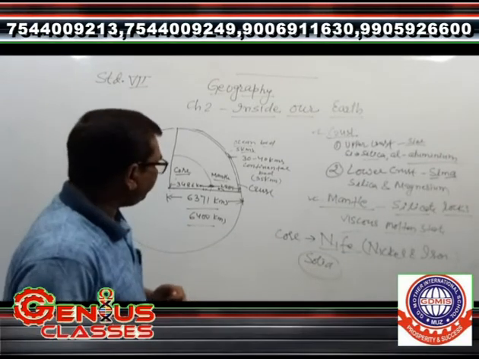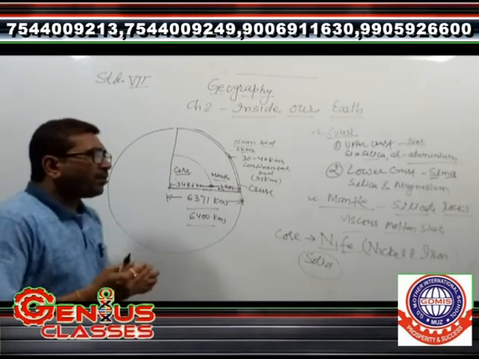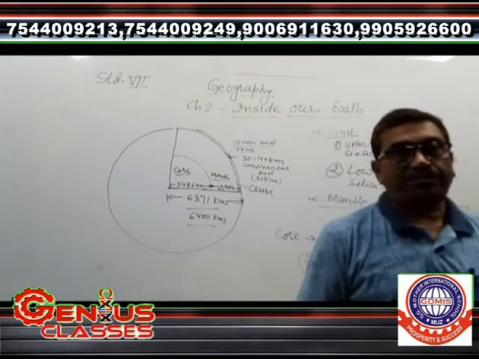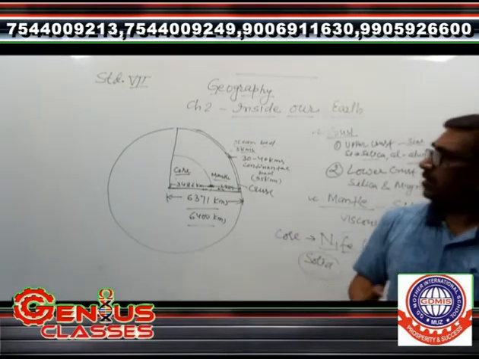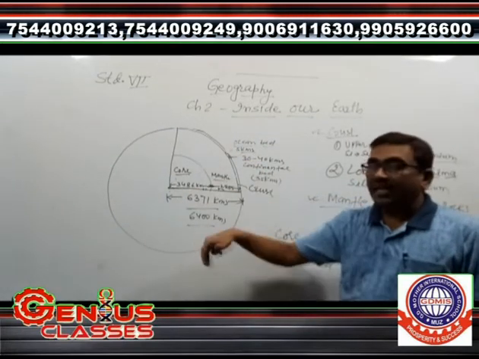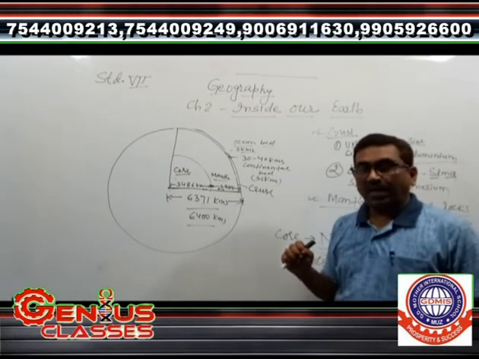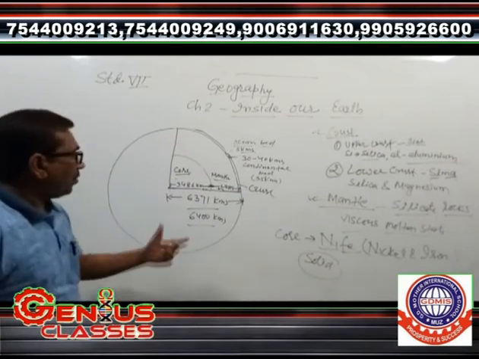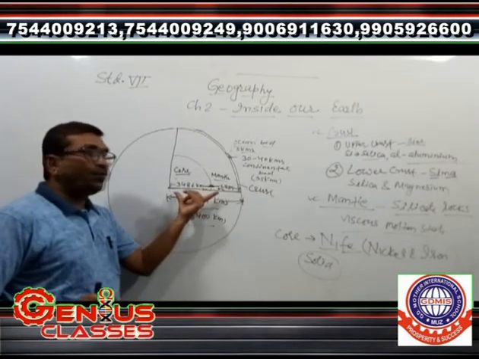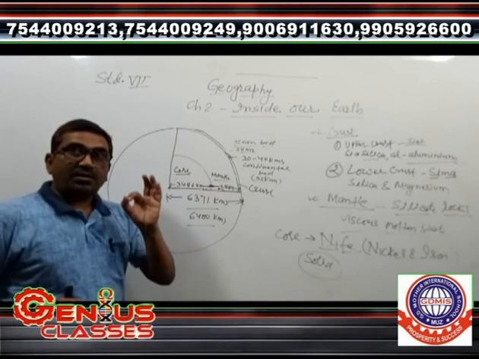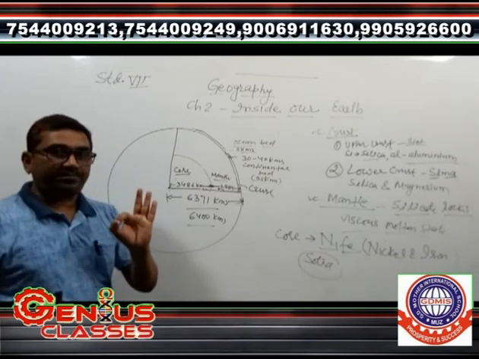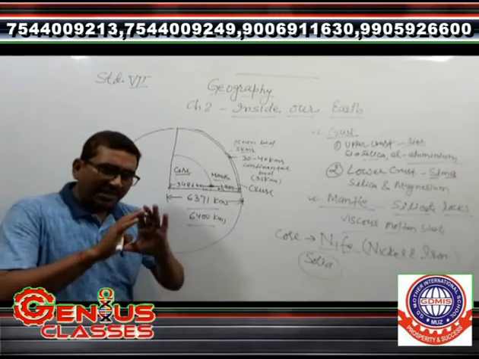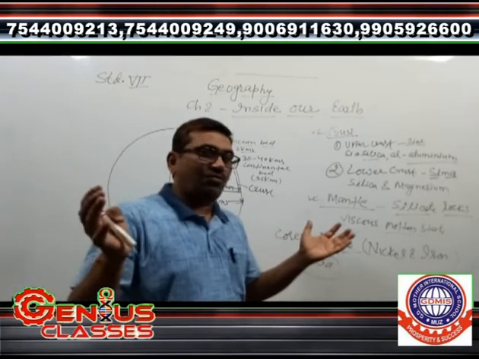Now questions. Suppose you have been asked simply to draw the structure of the interior of the earth, how will you draw it? Whatever radius you take, listen very carefully, because if the diagram is much bigger, it doesn't look very good.